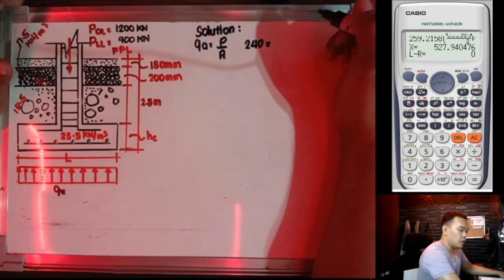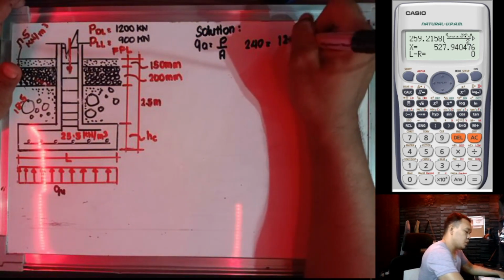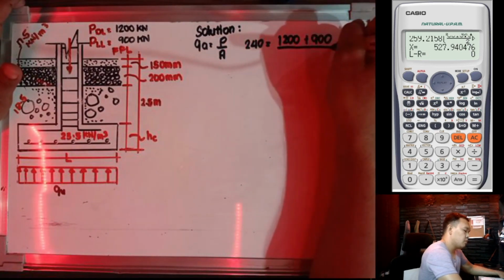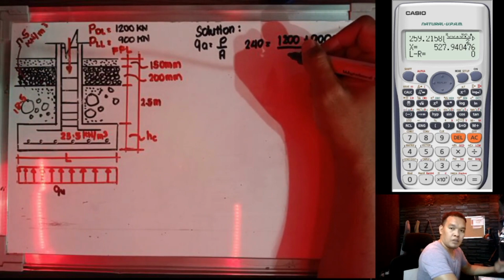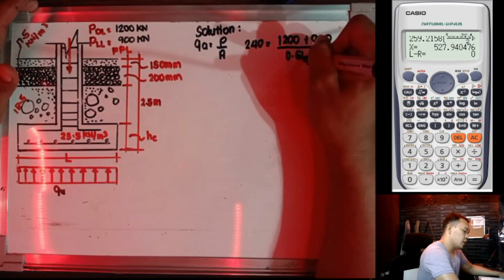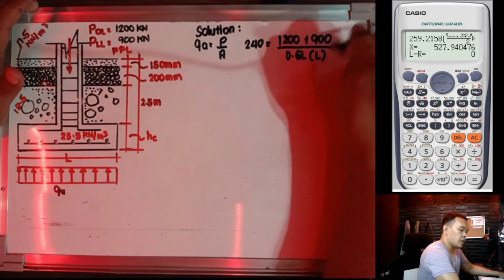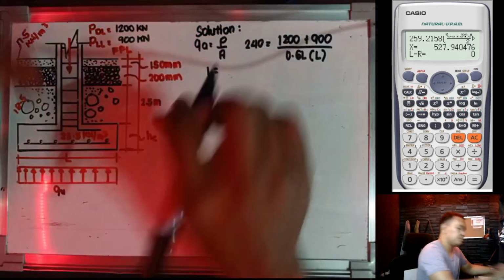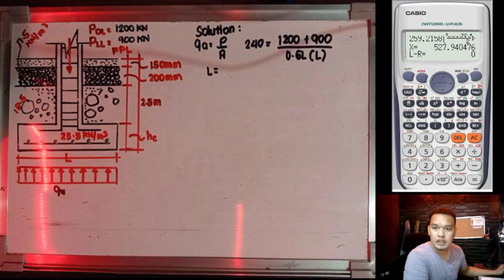Is equivalent kay applied load, which is 1,200 plus 900 kilonewton divided by area. B is equivalent kay 0.6 of L daw. So, we have here 0.6 of L times the L to get the value of area, no? So we have here L is equivalent kay, lagay natin yan dyan sa problem.